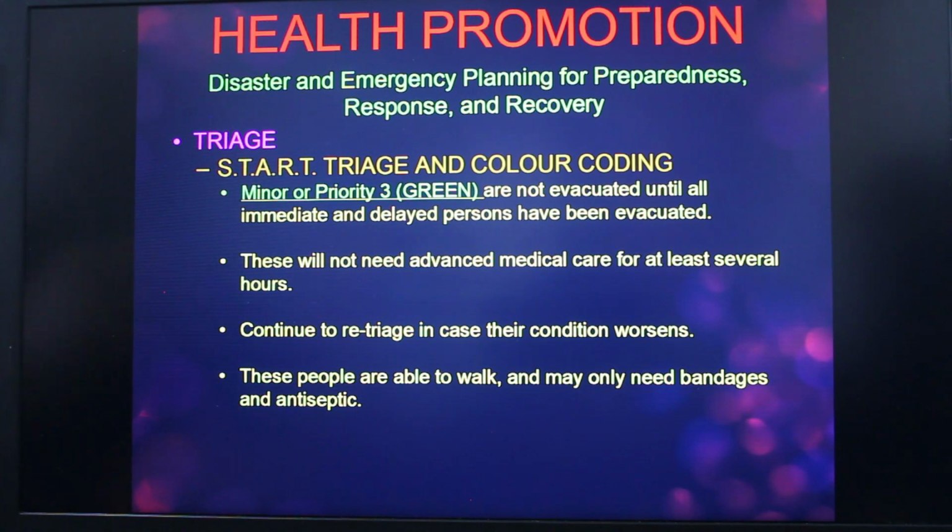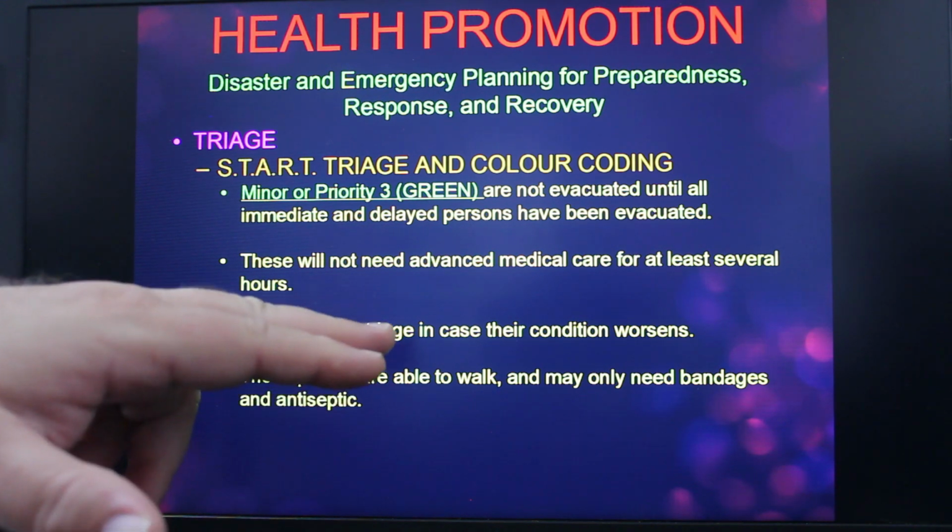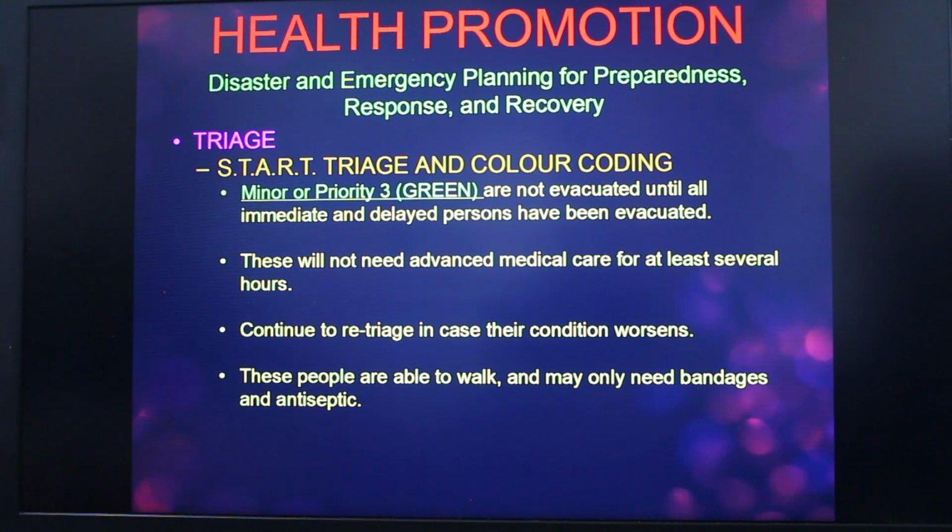So if that kind of patient, an awake, talking, oriented patient, is tagged as green in the first place, he or she might get to the yellow or the red situation as time goes by. So re-triage in these cases is very important to evaluate the victims of a disaster.